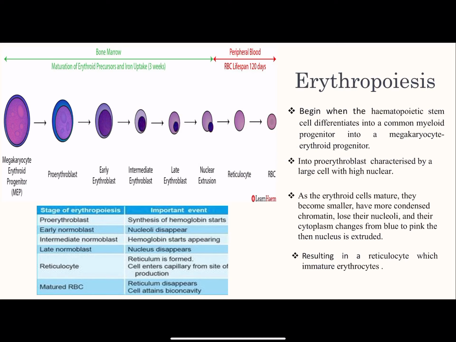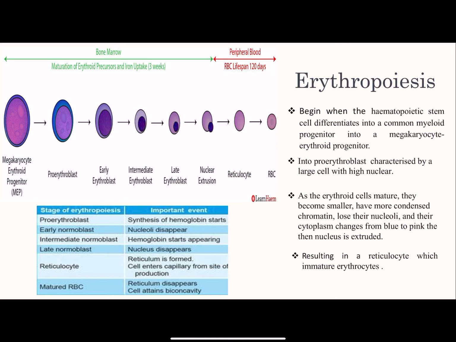It starts when the hematopoietic stem cell differentiates into a common myeloid progenitor, into a megakaryocyte erythroid progenitor, then into a large cell called proerythroblast.